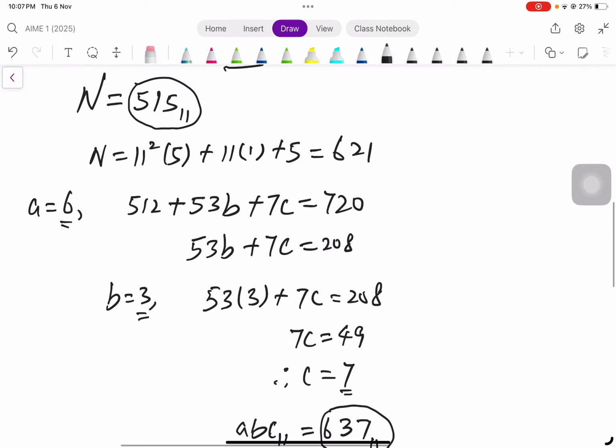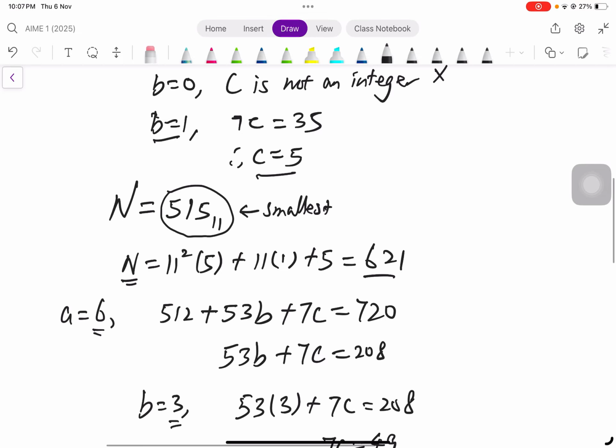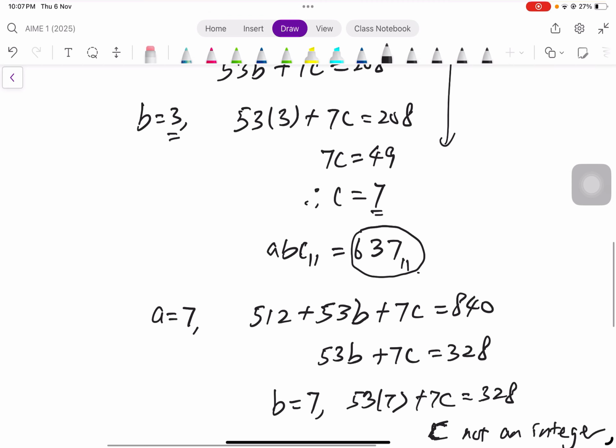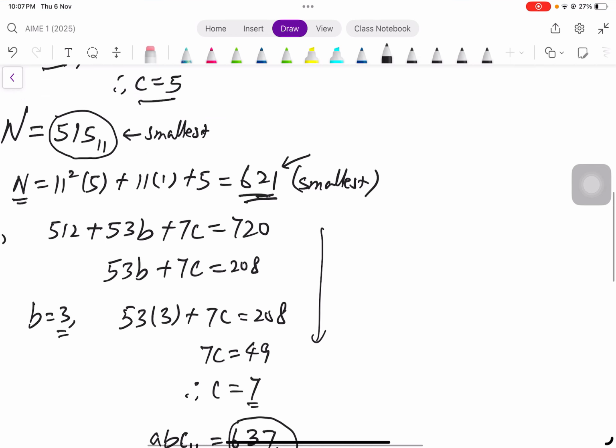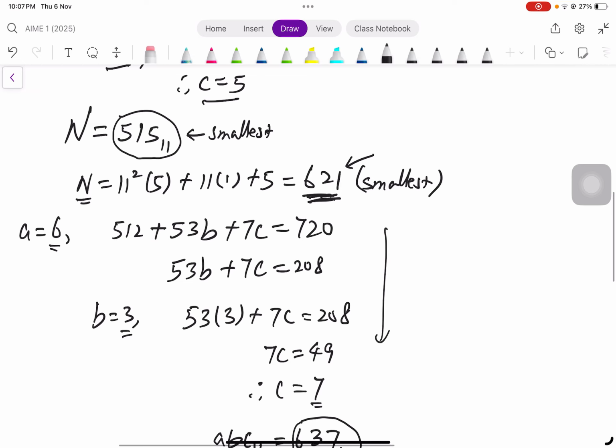Therefore n, which is equal to 621, is the smallest. Some people may just stop here, but we do the rest to rigorously prove that this is the smallest value. Therefore the answer to this question is 621, a base 10 number.